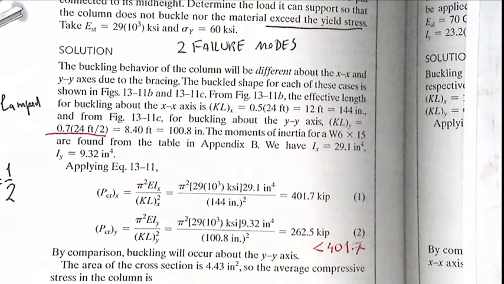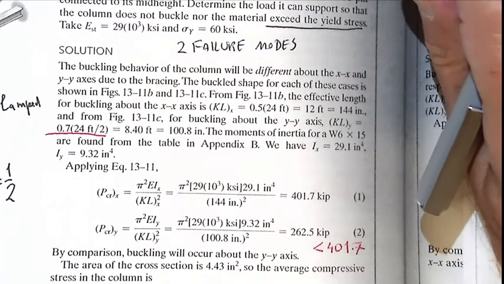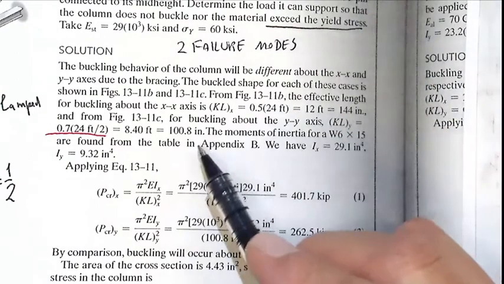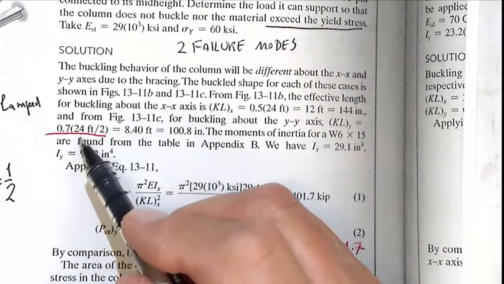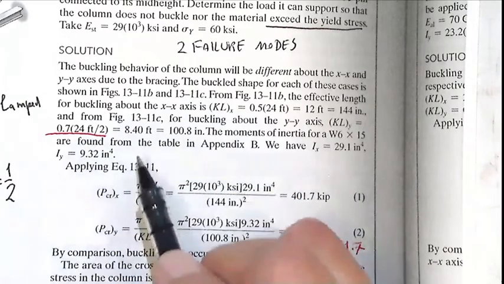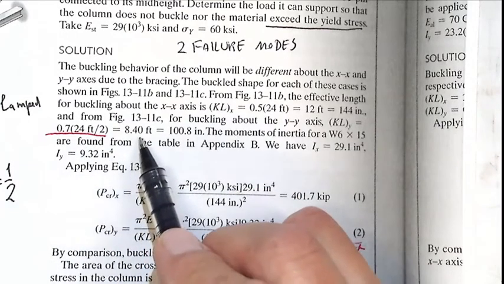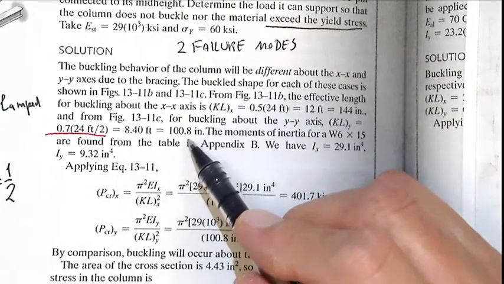I am relying on previous material, and I cannot repeat it again and again. So, about the y-axis, KLY equals 0.7 of 24 feet, which is 16.8 feet, or times 12 equals 201.6 inches.